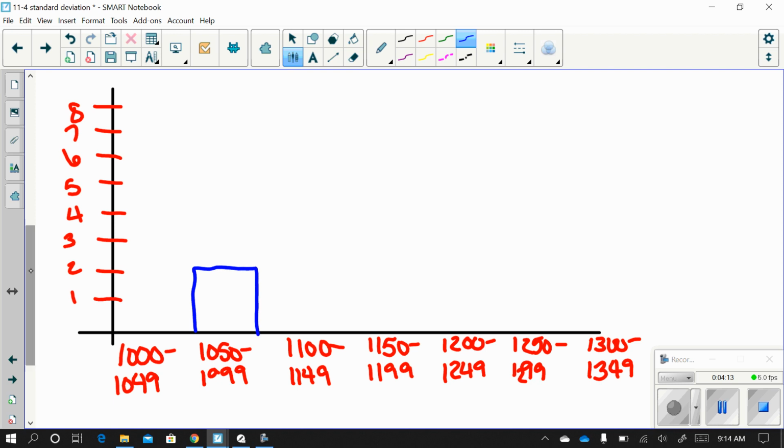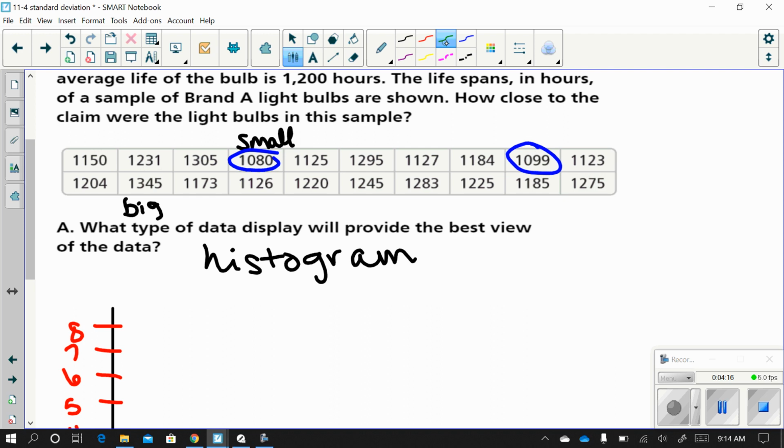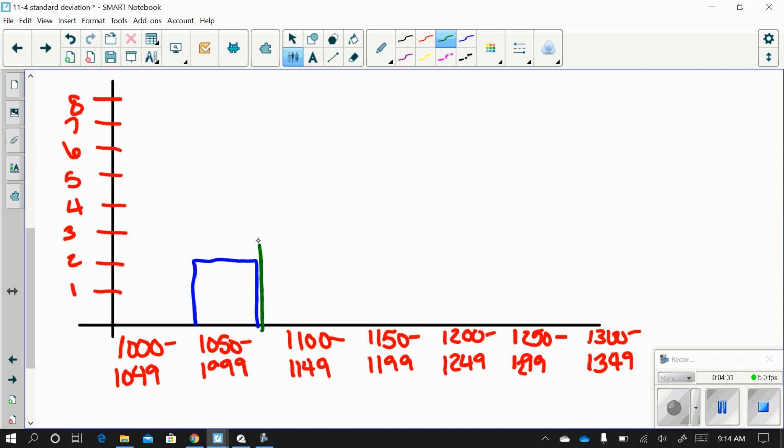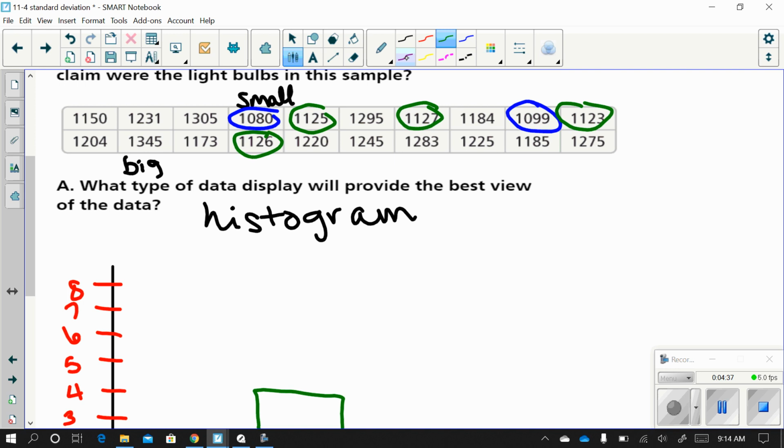Okay, 1100 to 1149. We got 1, 2, 3, 4. So 4 goes up to here. 1150 to 1199.